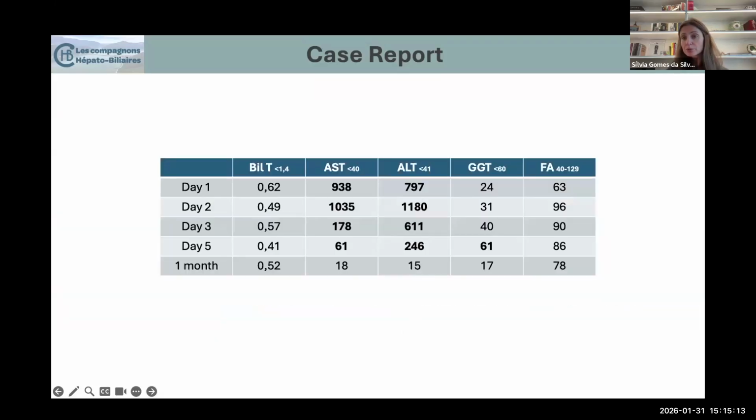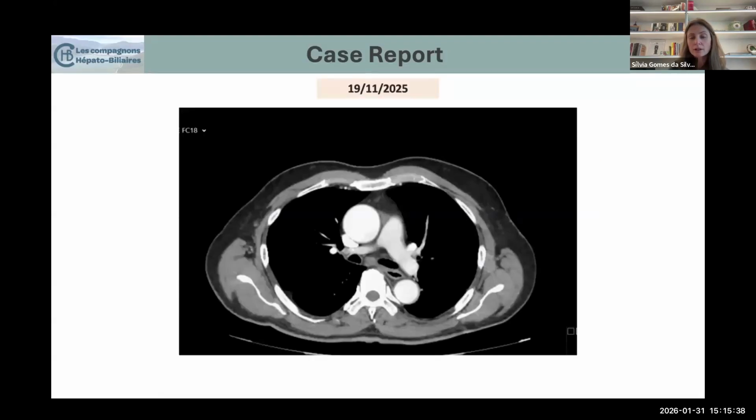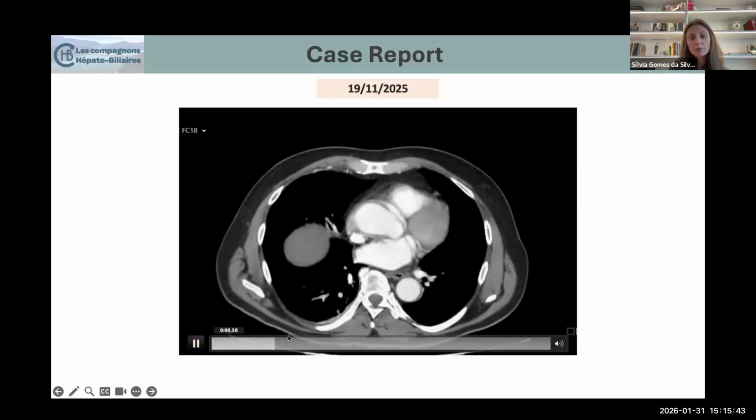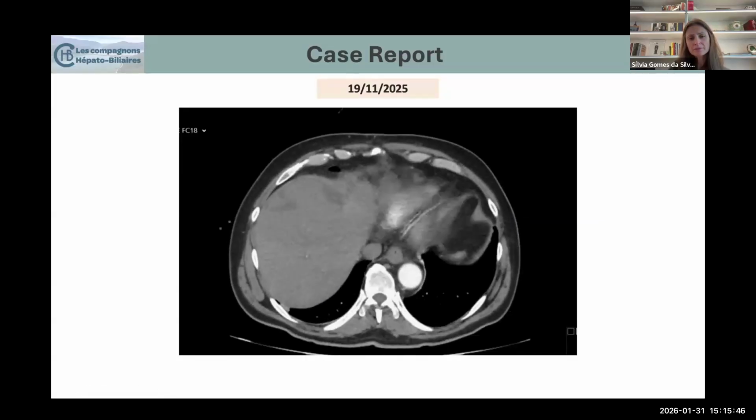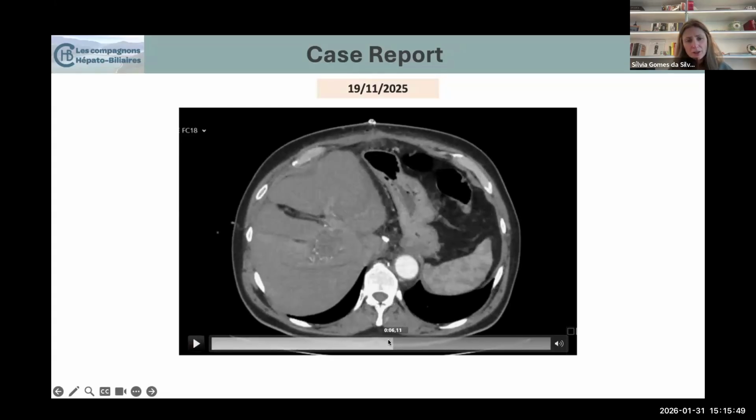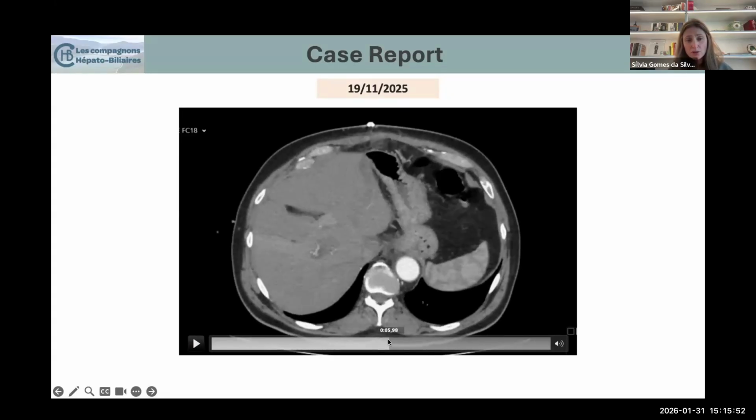And post-op was uneventful. We are very surprised, but we don't have big damage to the liver function. At day 2, we have 1,000 in AST and ALT, but with a rapid decrease, and liver cholestasis. And here we have the post-op CT scan with very small arteries, but an arterialized liver.